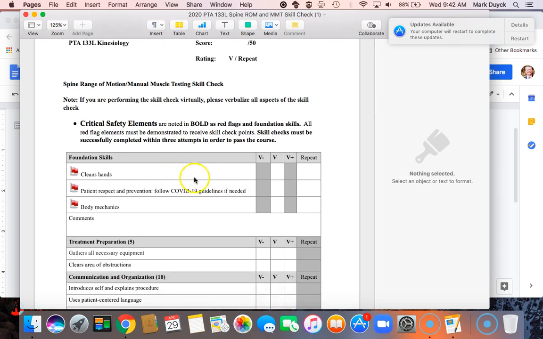So red flags are the same. You're going to show us you washed your hands. It's not just going to be verbalized, "I wash my hands." This is so important. These are red flags. Okay? If you're working with classmates, they will have a mask on, and gloves on would be my strong preference.